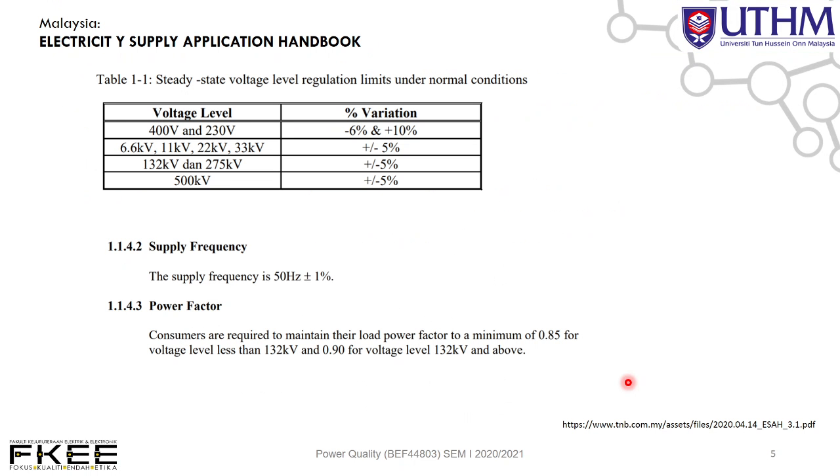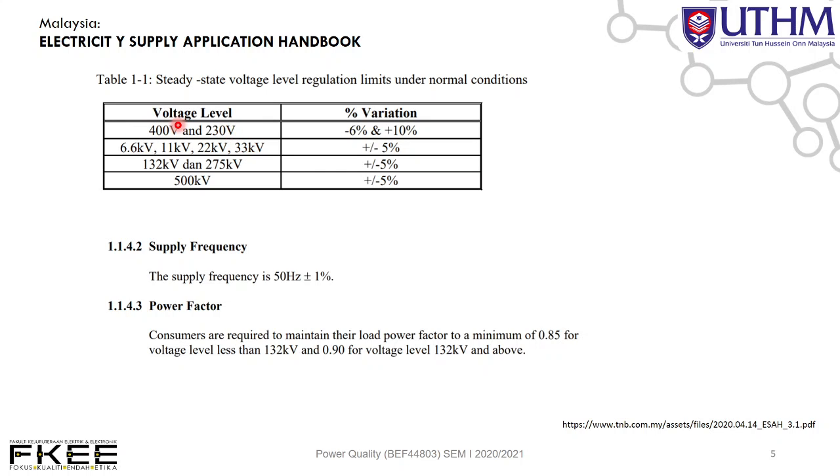Okay, this is the Malaysia electricity supply steady state voltage regulation limit under normal condition. For example, we have voltage levels of 400 volt and 230 volt. Yang ni adalah pada distribution level, ataupun kat rumah kita.